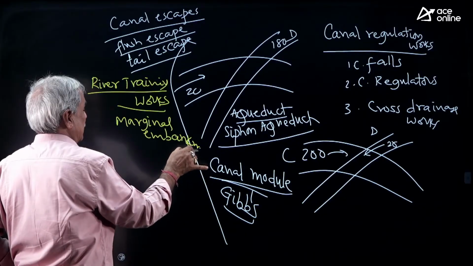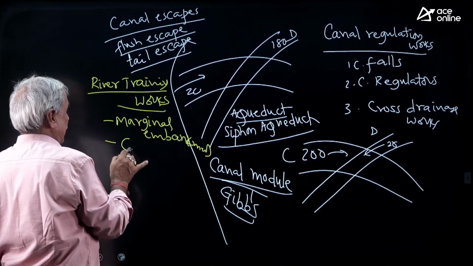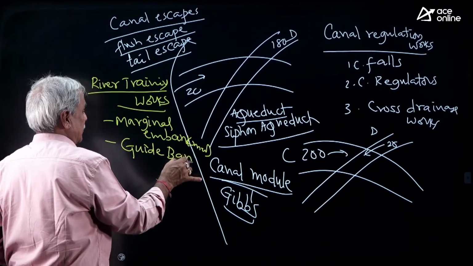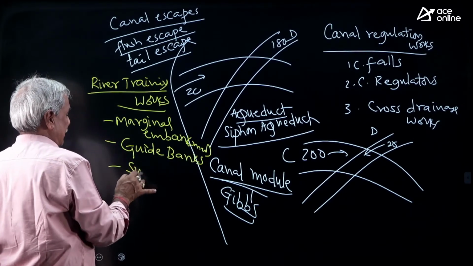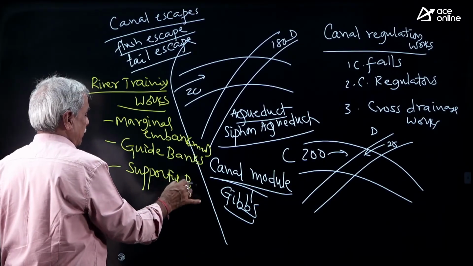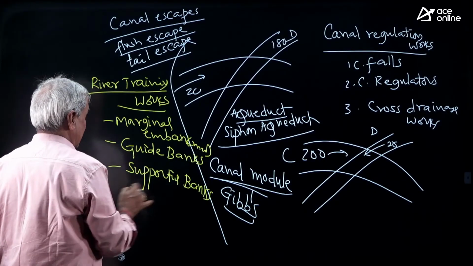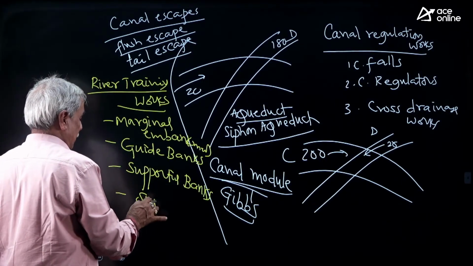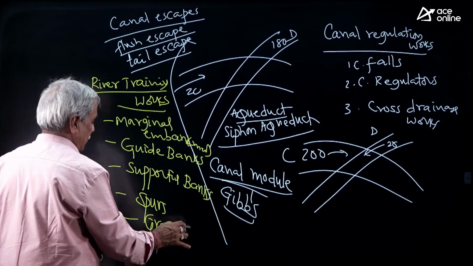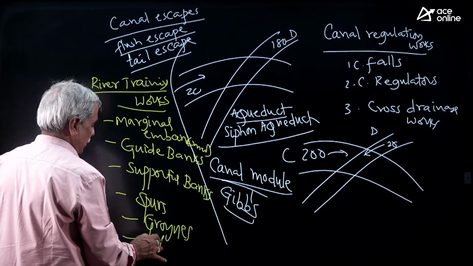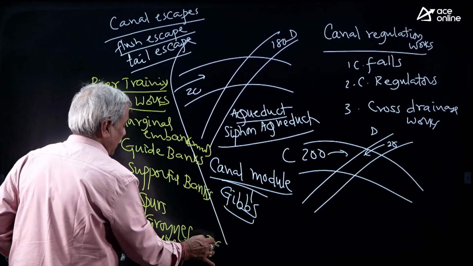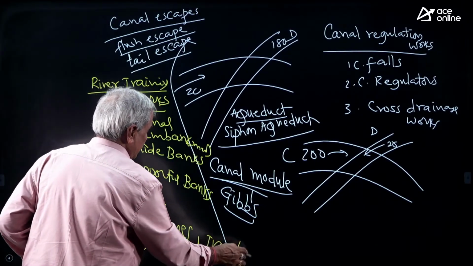Marginal embankments, guide banks, then supporting banks, then spurs, then groins, then artificial trenches. All the six river training works are important.